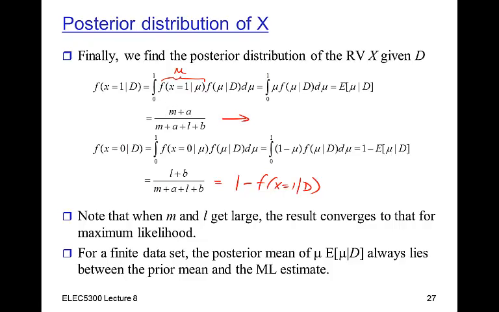These two things become much bigger than a and b, and so this one goes to m divided by m plus l, which is exactly the estimate of mu given by maximum likelihood.